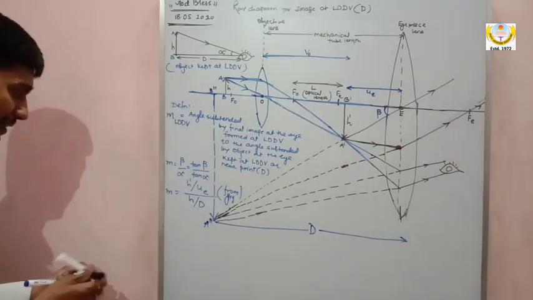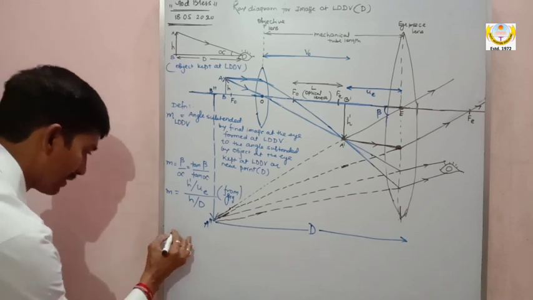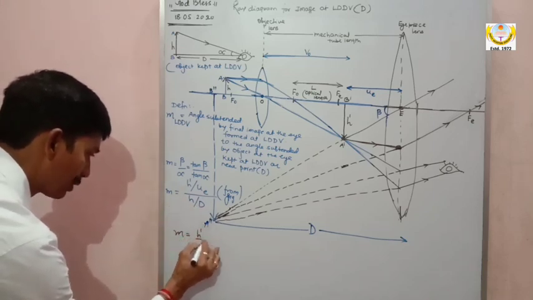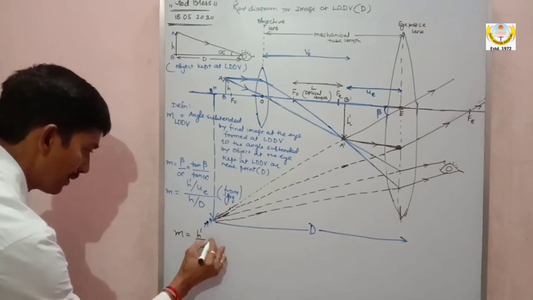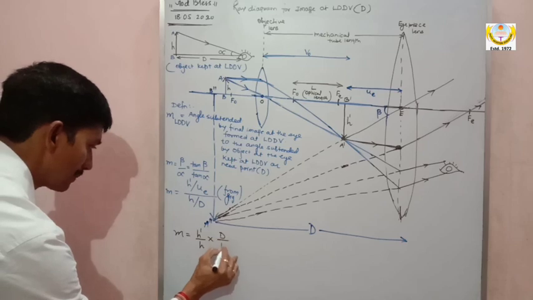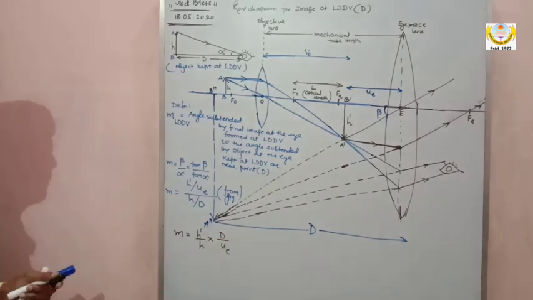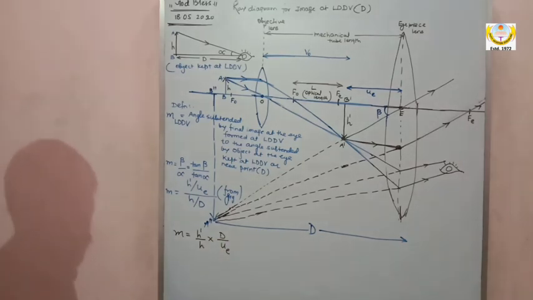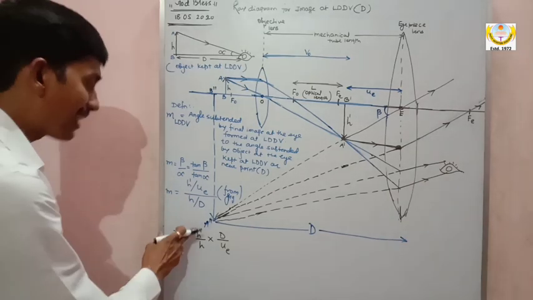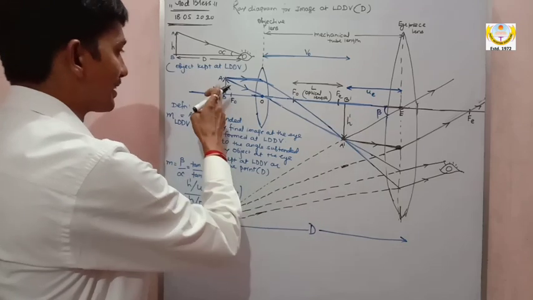So now, my dear, if I convert this, what answer will I get? I will get m is equal to h dash by h into D by UE. My dear, you all must know, sir, this is h dash and this is h.